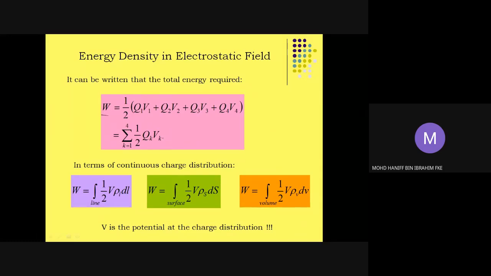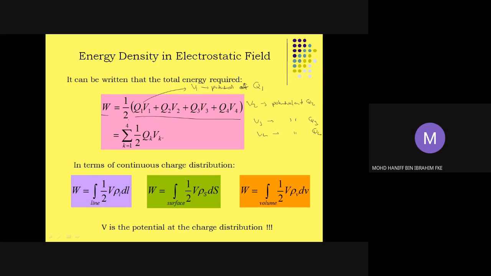The total work for those four point charges will be written as half of Q1V1 plus Q2V2 plus Q3V3 plus Q4V4, in which V1 is the potential at charge Q1, V2 is the potential at Q2, and the same follows for V3 and V4, the potential at Q3 and Q4.